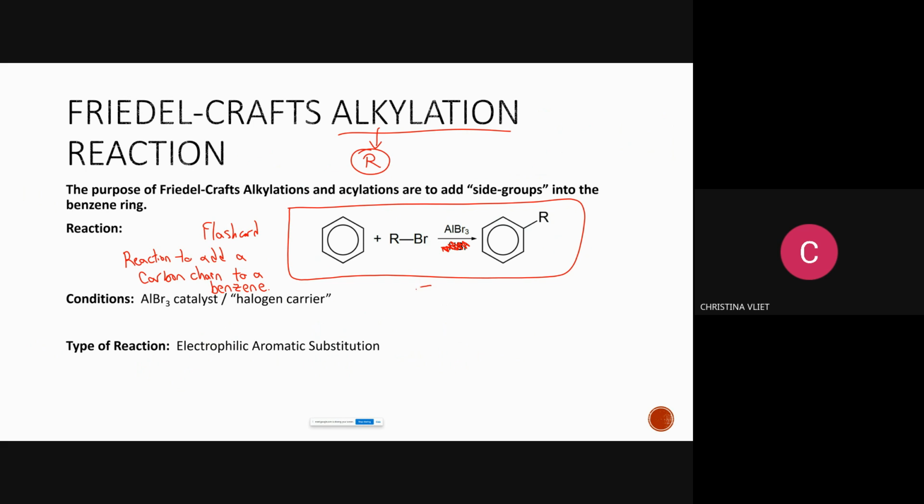So then what would examples of this be? What would your product for this be?